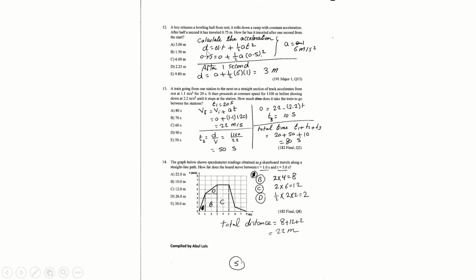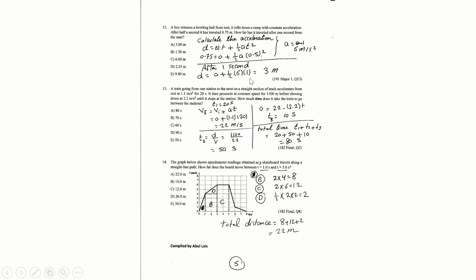We can just use the equation of motion that says d equals v initial t plus half a t squared. Now the distance is 0.75 meters and the initial velocity is 0 plus half multiplied by the time. The time is half a second. So that can give me the acceleration, which is 6 meters per second squared.